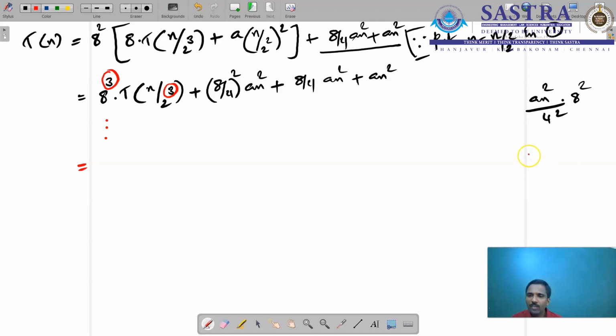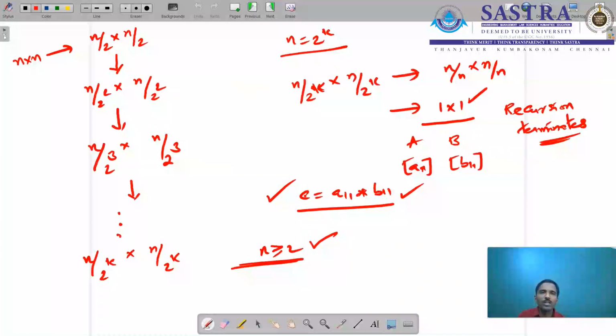So n/2 power k should be equal to 1, such that n = 2 power k. The denominator, as we explored earlier, goes n by n, then n/2 into n/2, then n/2² into n/2², and the final stage is n/2 power k.